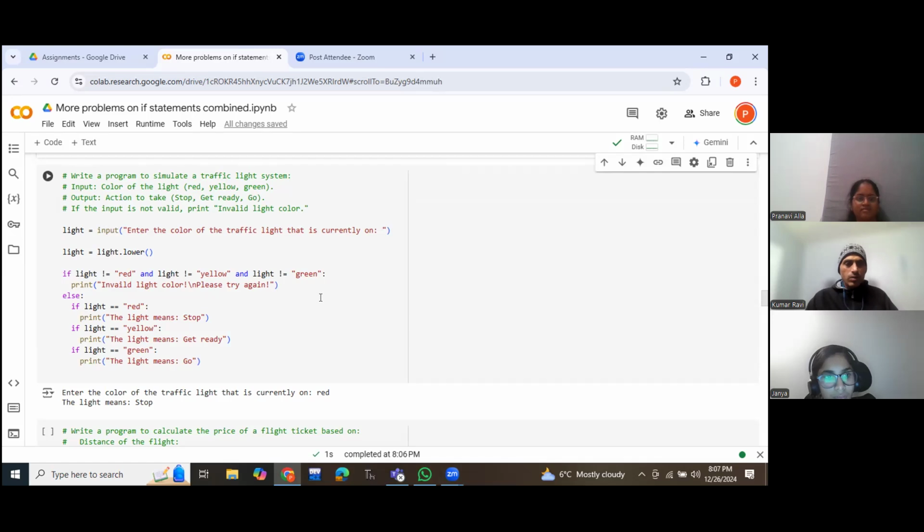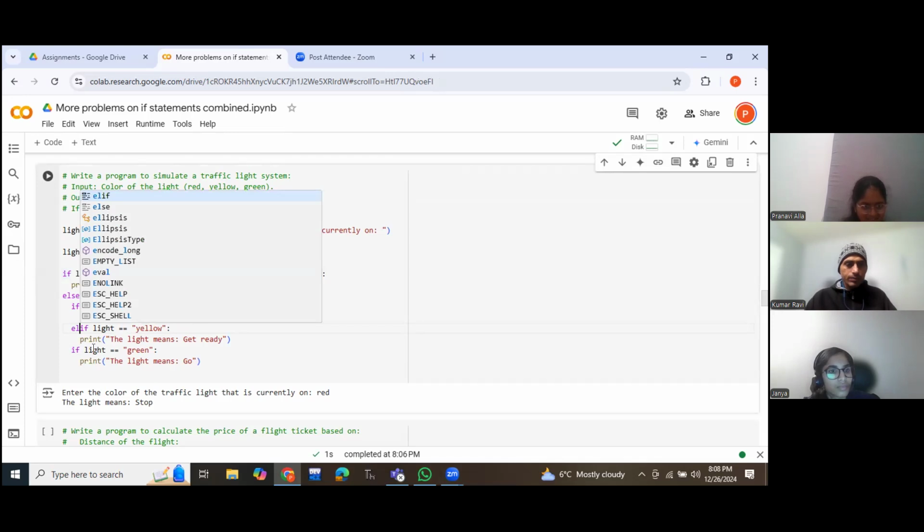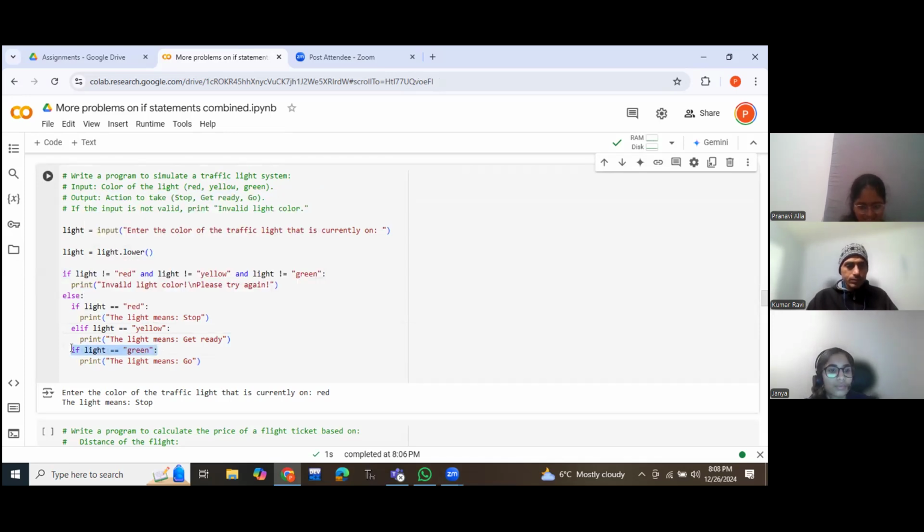So red, yellow signal: stop, get ready, go. If not, then invalid. Red, yellow, green. Red means stop. Yellow means get ready. I could use elif here. Everywhere elif is needed, all these cases are elif. Yes, sir. I forgot.